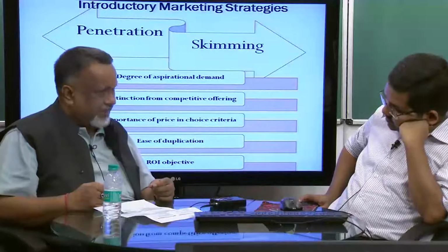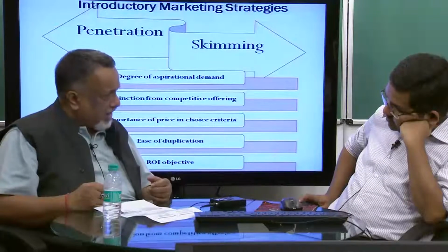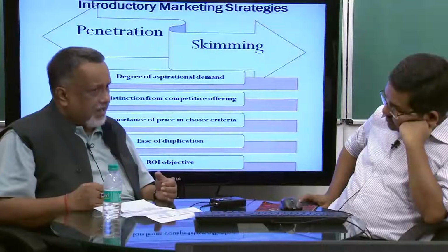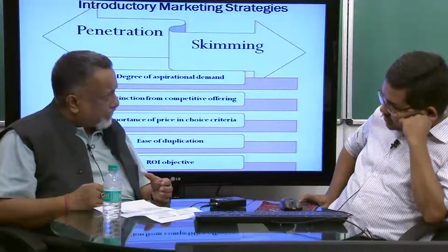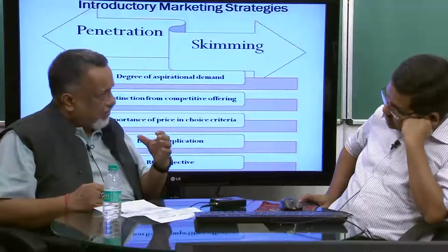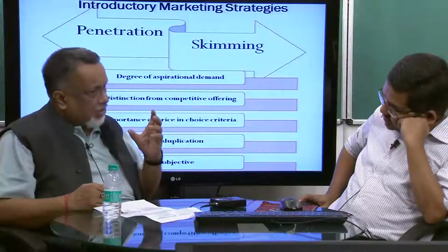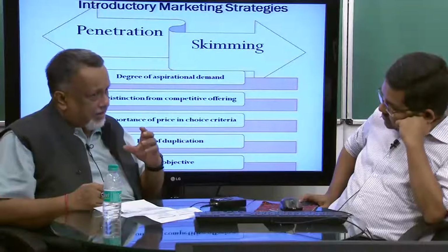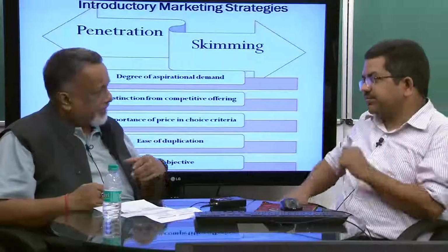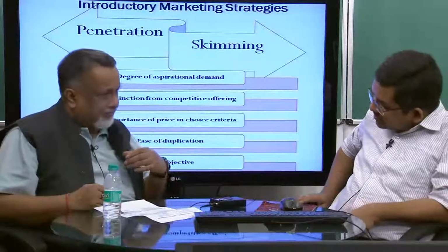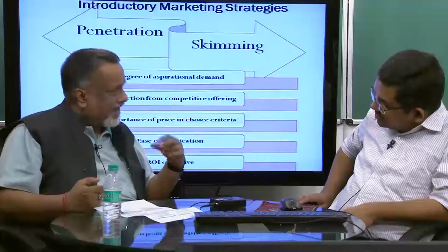The point you said, that when Apple came in, a phone was a utilitarian product. Nokia or Samsung were all selling on the basis of bits and bytes, speed, functionality, and so on. And Apple came in not with that proposition.